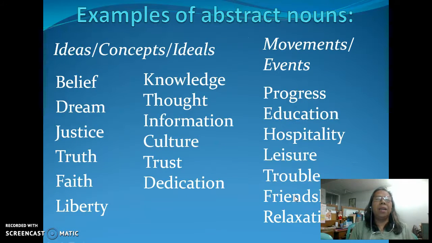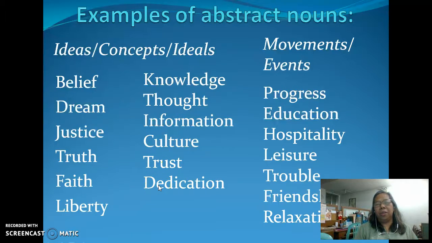Okay? Under the category ideas or concepts or ideals, I have some examples. These are belief, dream, justice, truth, faith, liberty, knowledge, thought, information, culture, trust, and dedication.